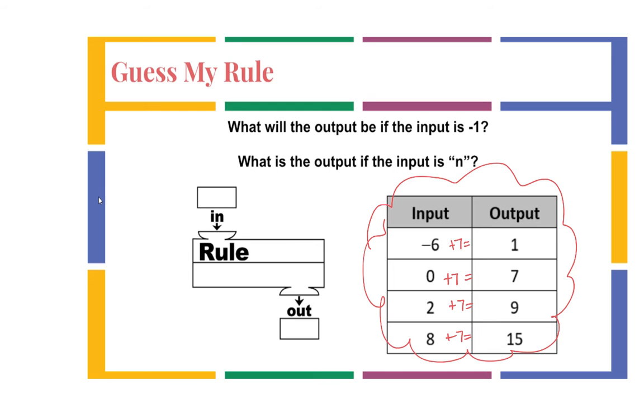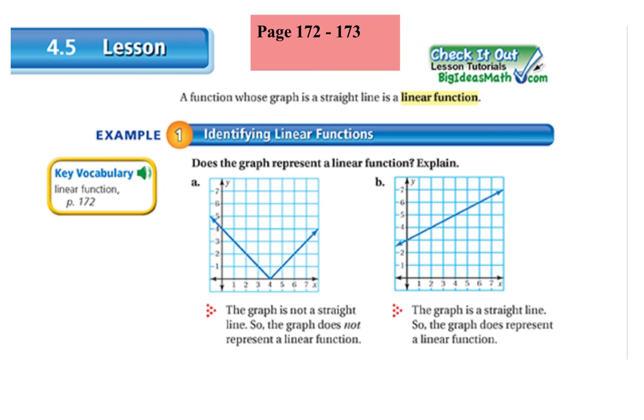Therefore, if the input was -1, which would fit in right in here, and I add 7 to that, I would end up with 6. So the rule is n plus 7, and the output when the input is -1 is 6.